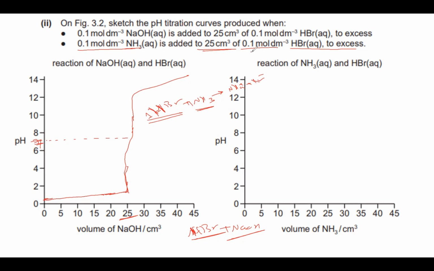And we see that both of them have the same concentration. So the moles of HBr will be consumed completely when we add 25 centimeter cubed of NH3.